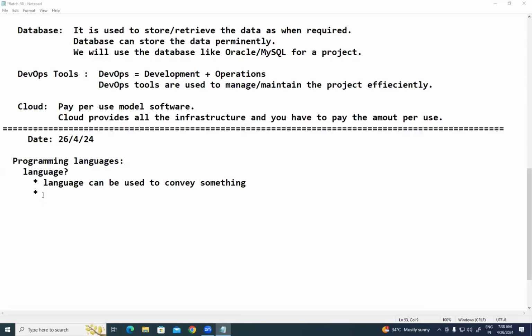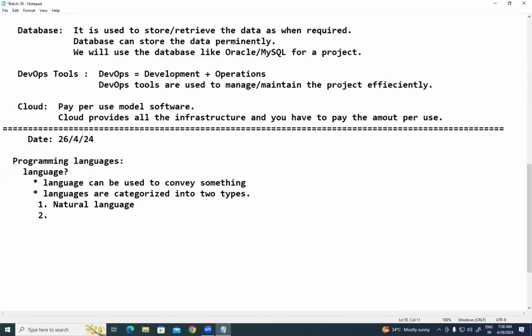Okay, folks. Basically, I can tell you, languages are categorized into two types. Are you getting my point? Languages are categorized into how many types? Two types. One is natural language.